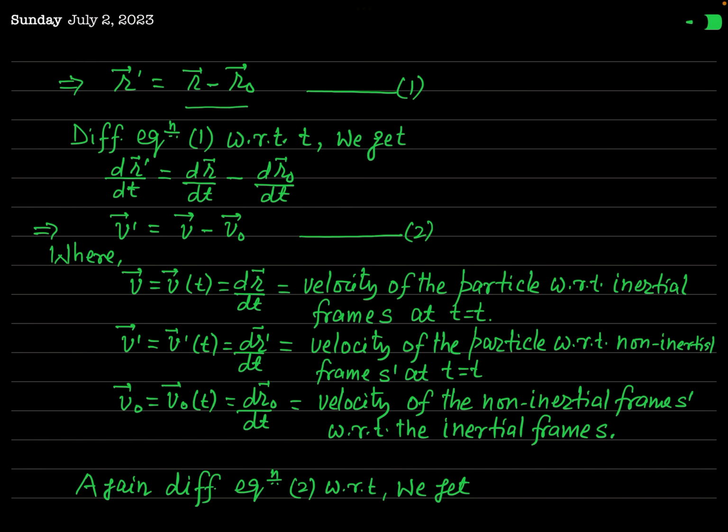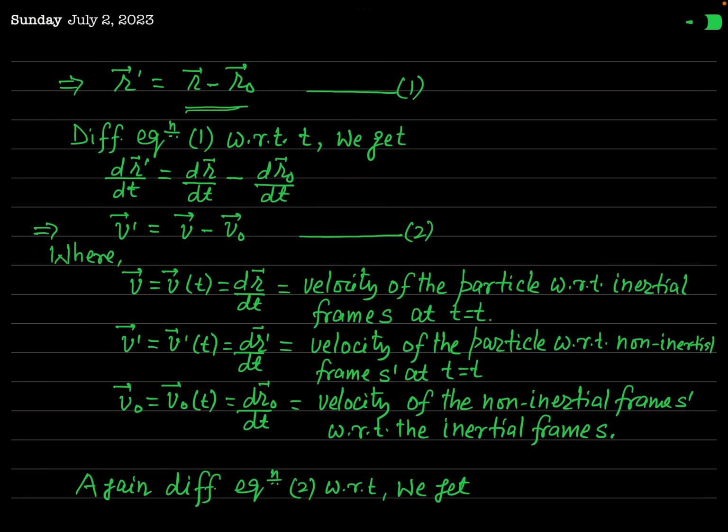Now our aim is to relate the velocity of the particle in two frames, and for this you know velocity vector is simply the time derivative of position vector. So if your aim is to relate the velocity of the particle in two frames, you must differentiate this equation 1 with respect to time t.